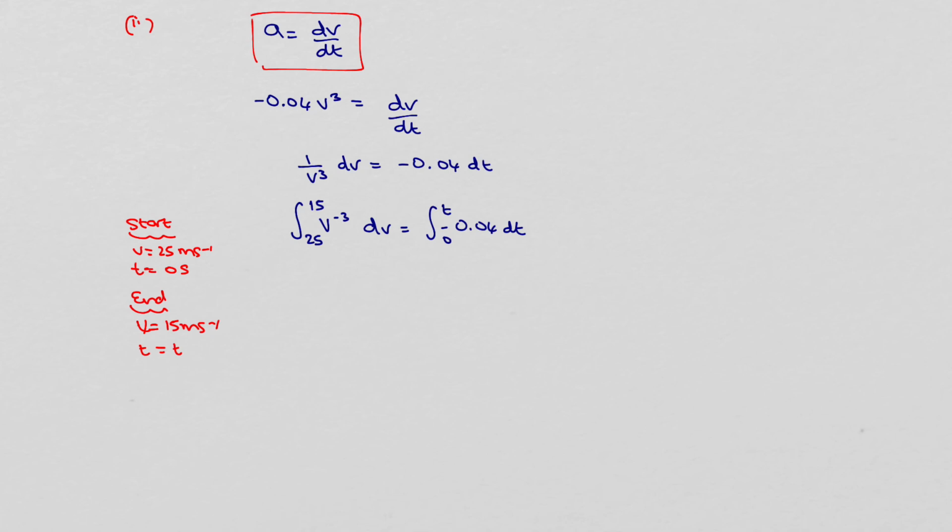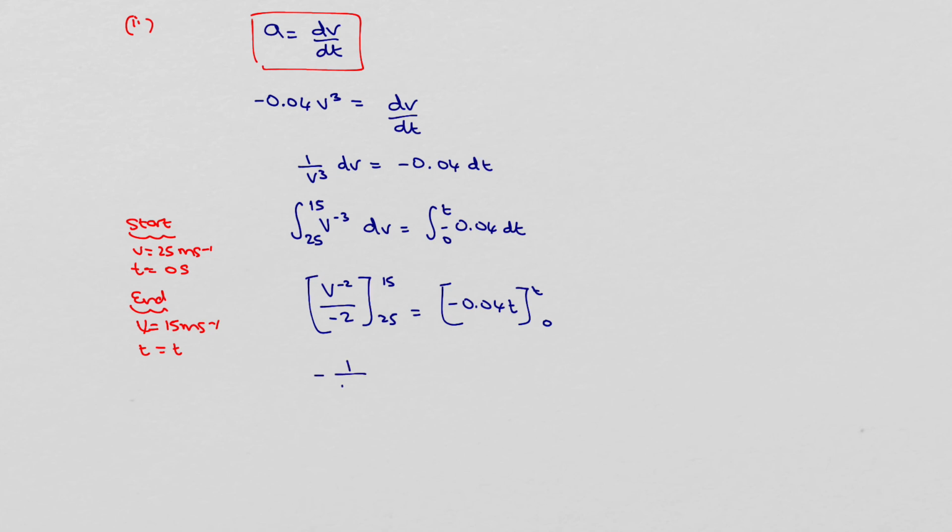If I integrate v to the power of minus 3, I add 1 to the power and divide by that new power. Then if I integrate minus 0.04 with respect to t, I get minus 0.04 t, and my limits are t and 0. So v to the power of minus 2 is the same as 1 over v squared, times minus a half.